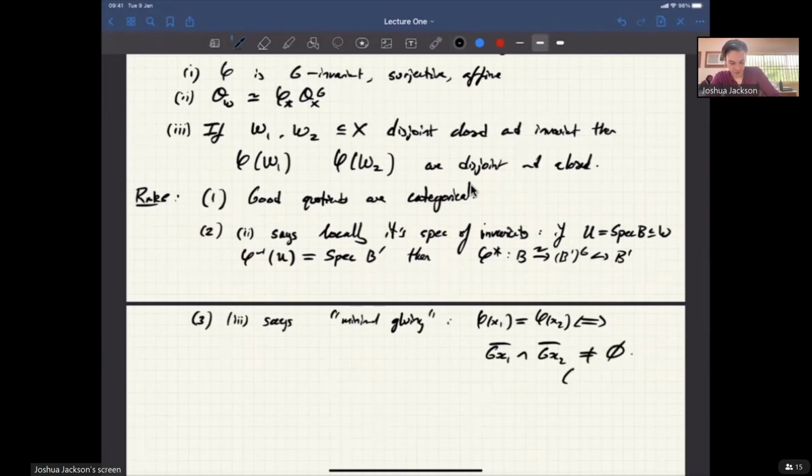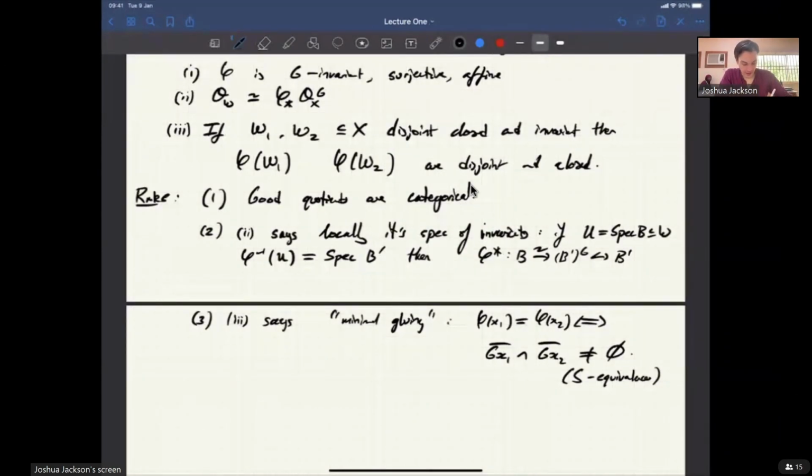So this is sometimes called S equivalence. The equivalence relation that your orbit closures meet in the locus being quotiented is sometimes called S equivalence. So you can see immediately that you're going to have to identify two points whose orbit closures meet. There's no way to not do that and get a reasonable space from our point of view. So this minimal gluing is saying, okay, well, you have to do that, but that's it. You're not doing any more than that in some sense.